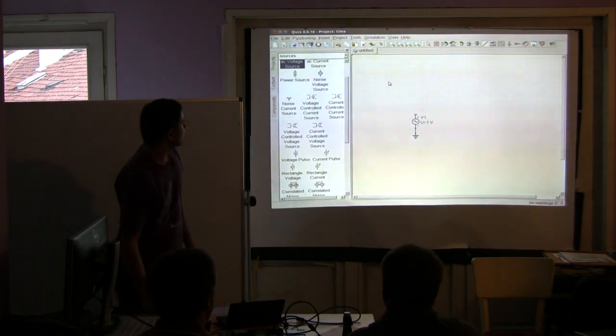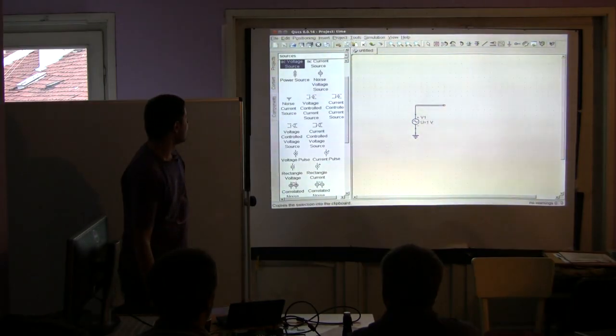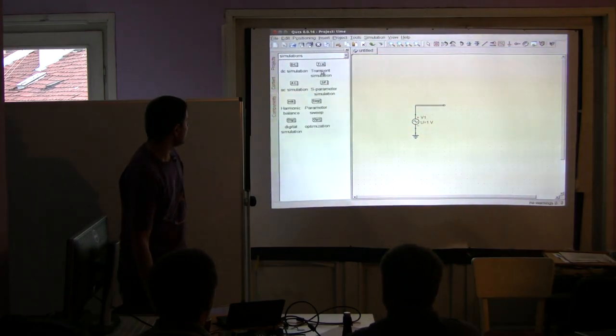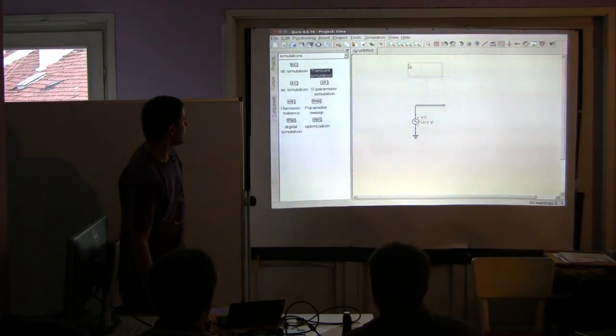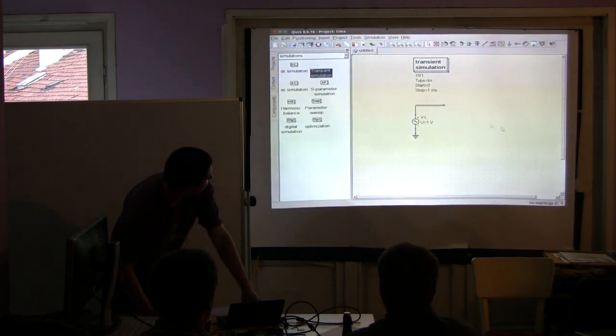I have to place a simulation, transient analysis, so we can see the time, and it's measured in milliseconds.